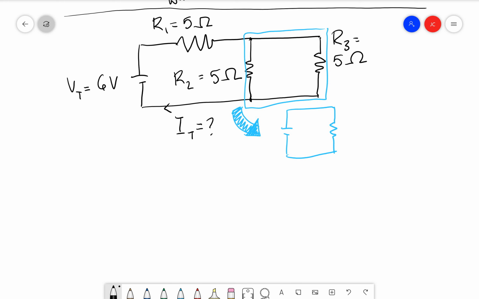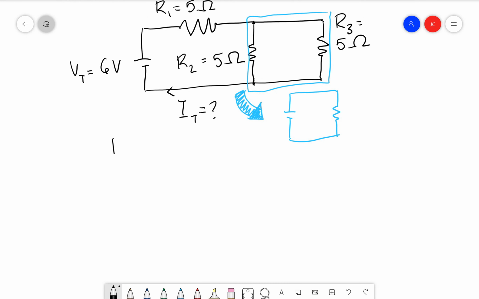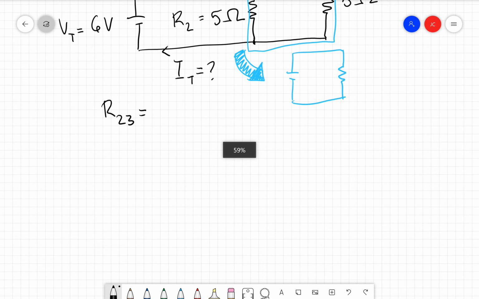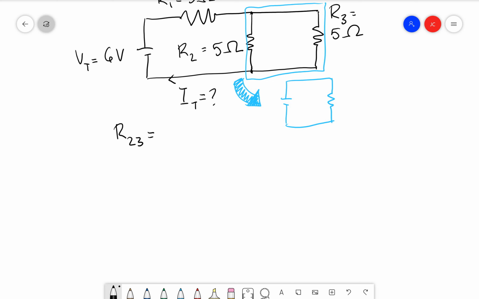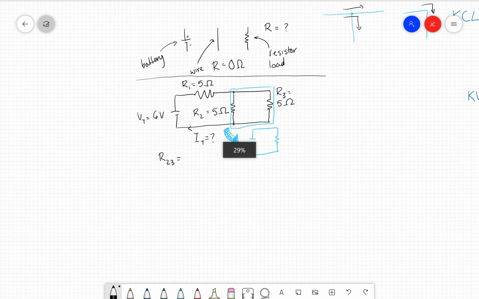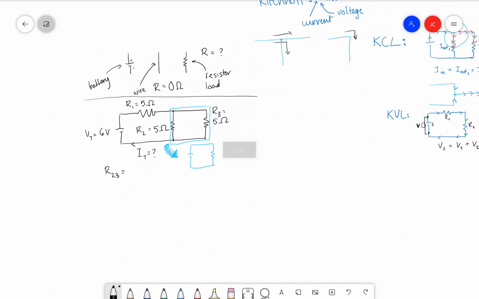Now, I like to use names that make a lot of sense, so if we're dealing with R2 and R3, the smushed together resistor is going to be called R23. And our smushed together resistor R23 is going to have the resistance of these two resistors together in parallel. Now, if we look over at our formula for parallel circuit resistance, it's 1 over R1 plus 1 over R2, and so on.